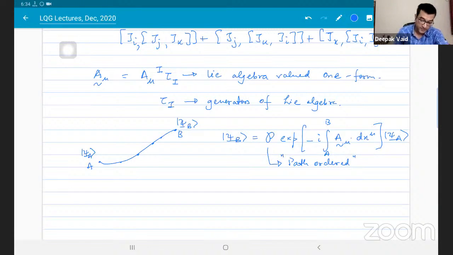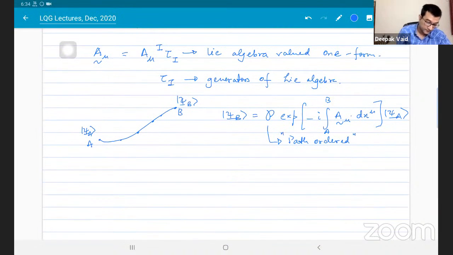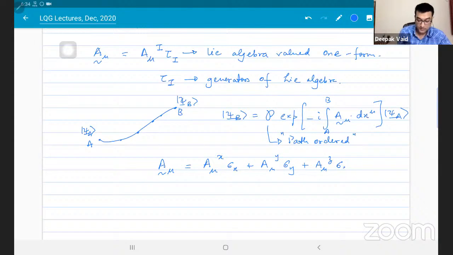So this is a matrix simply because, you see, this is a matrix, right? This A mu with a tilde in the bottom. So if I look at, for instance, SU2, then what is the value of A mu at a given point? It is A mu x sigma x, A mu y sigma y, A mu z sigma z, right? It's a linear combination of your Pauli matrices.